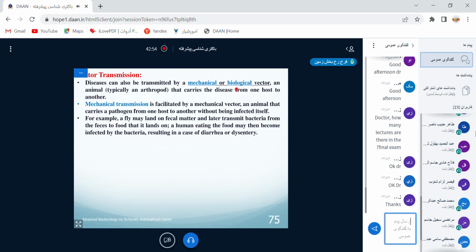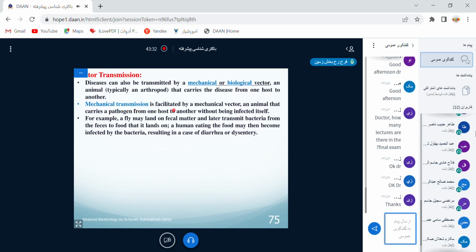Some parts of the life cycle of the pathogen are completed in this vector. So the presence of this vector in the life cycle of the pathogen is obligatory. It is necessary. Without this vector, it is not possible to complete the life cycle.